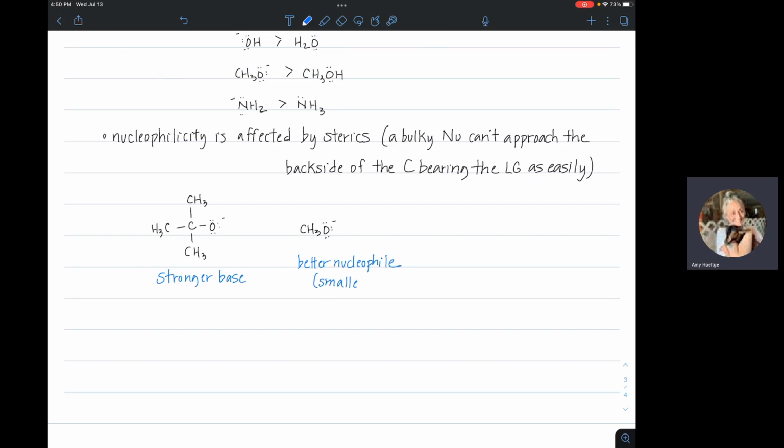It's smaller, easier to attack the carbon that bears the leaving group. So it's a better nucleophile because it's less sterically hindered.